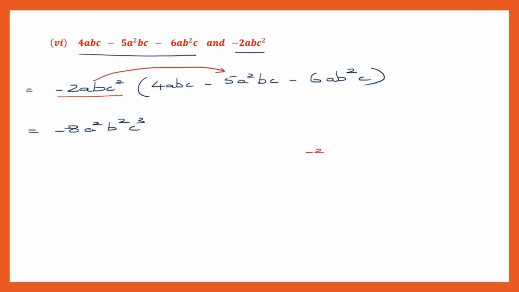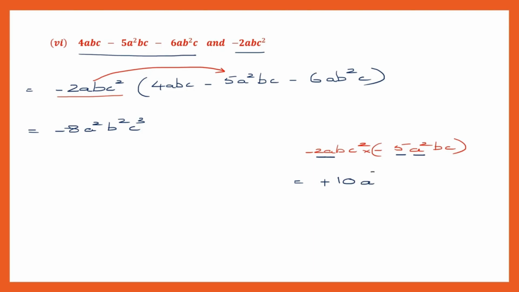So minus 2abc square into minus 5a square bc. Should be careful when it is multiplication. So signs are the same. Minus into minus is plus. The numbers are 2 and 5. 2 5s are 10. We have 1a here and a square.